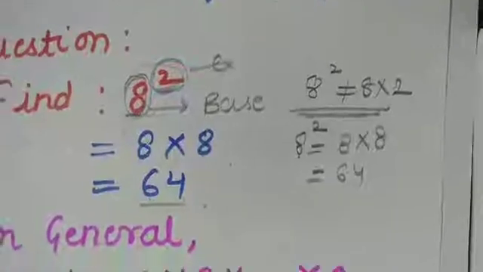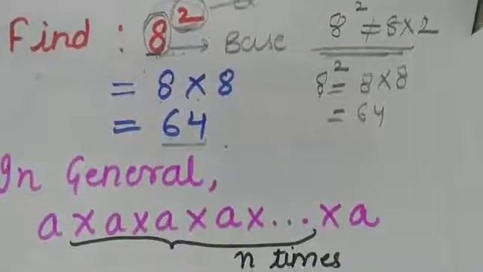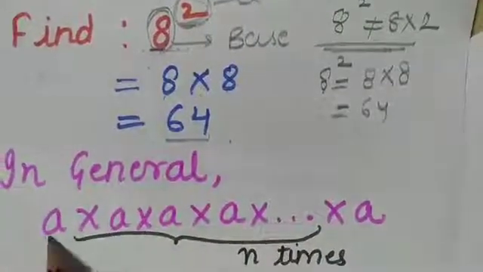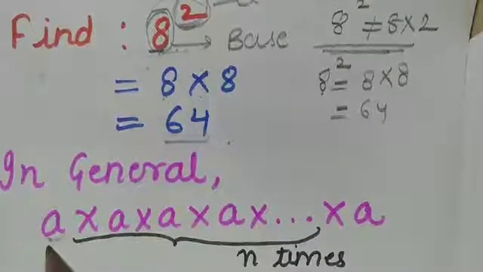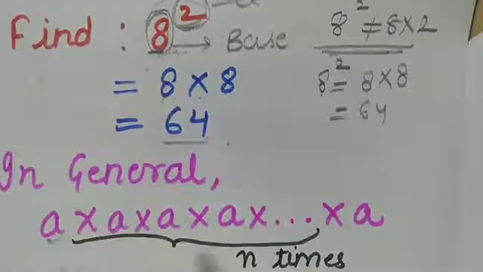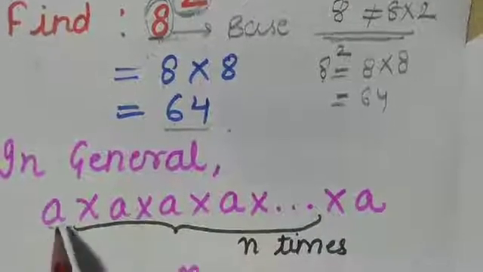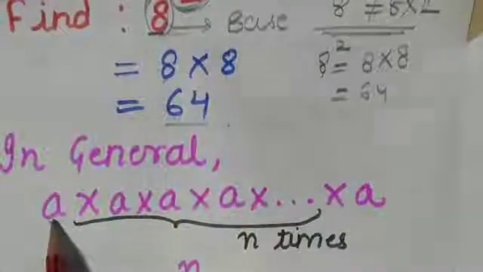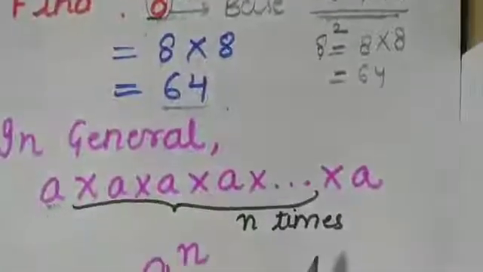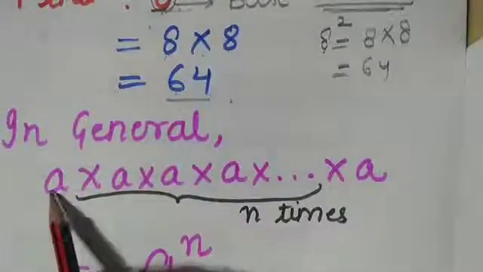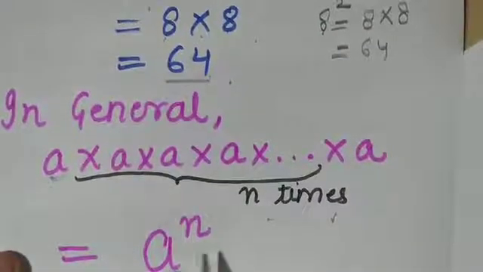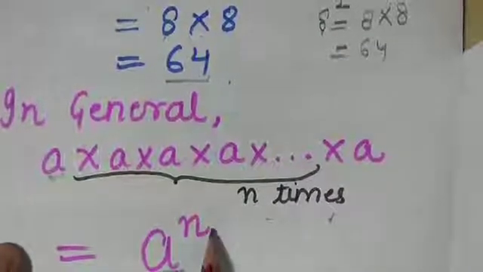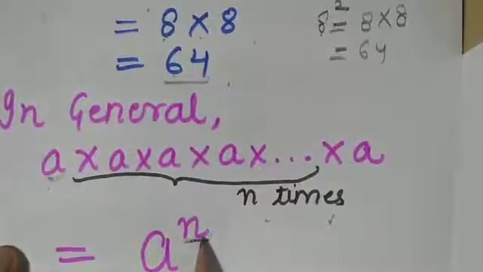Now in general, suppose a is any number and you are multiplying it with itself any number of times. Suppose this a is a number and I am multiplying this number n times. This can be written as a raised to the power n.